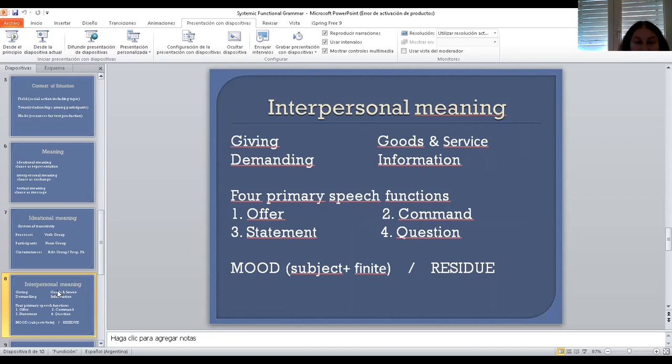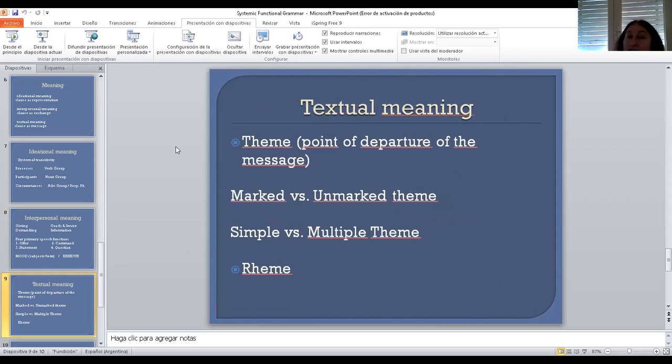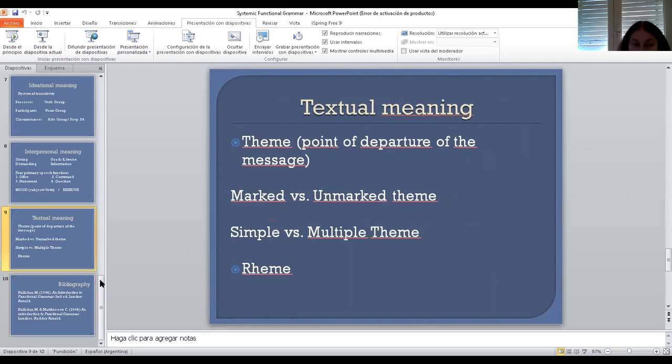Last, when he talks about textual meaning, he develops the categories of theme and rheme. We are not going to deal with many categories from functional grammar.